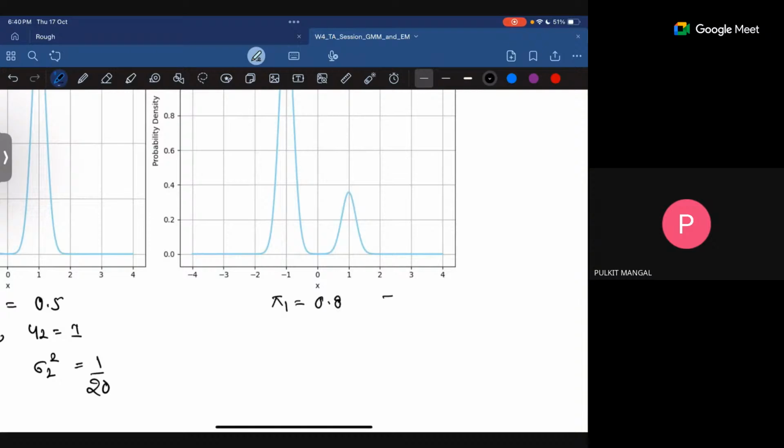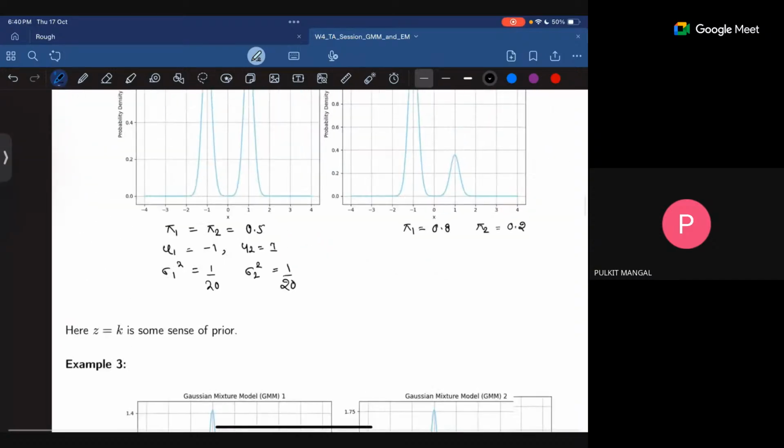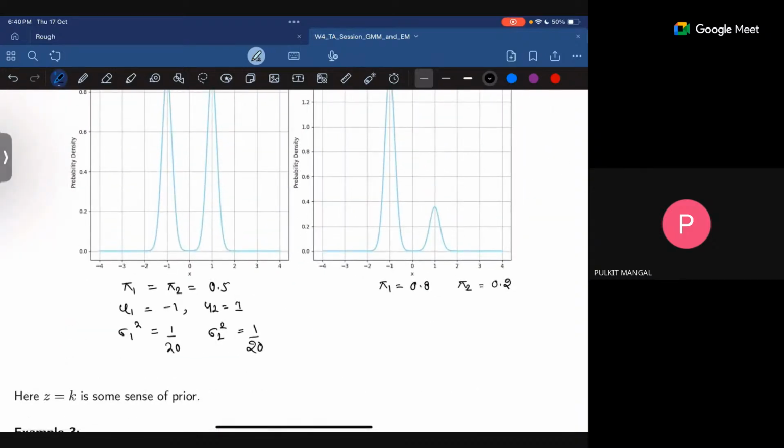Of course you cannot guess the exact one. I just wanted you to estimate. Are you all able to see how choosing the component is some sense of prior probability here? If you have some data points coming from the GMM, then with the probability of choosing the component, if you have 100 data points, 80 are likely to come from the first component and 20 from the second component.